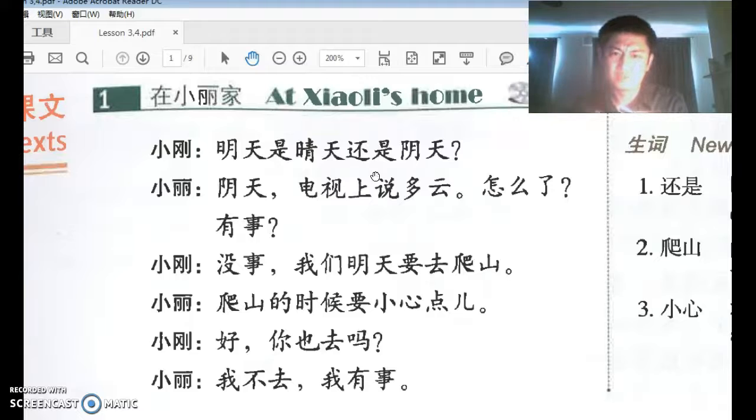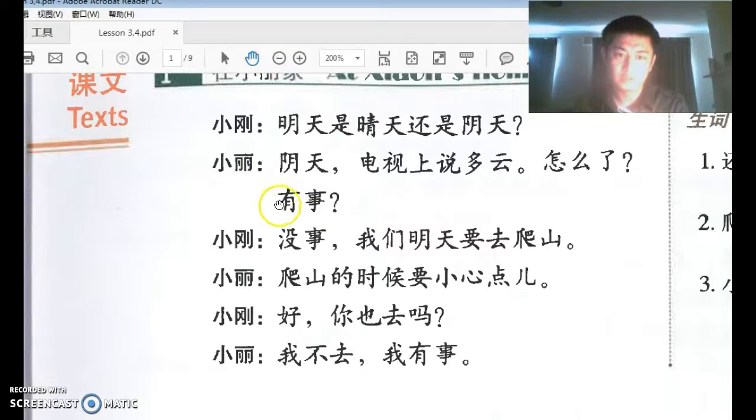Just on the television says 多云。怎么了? What's the matter? We learned that before. 有事, have matter. It's very succinct, very simple. You have business, have matter. 小刚 says 没事, have not business.